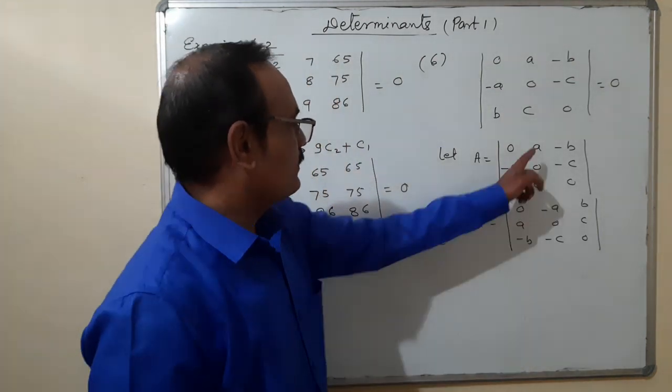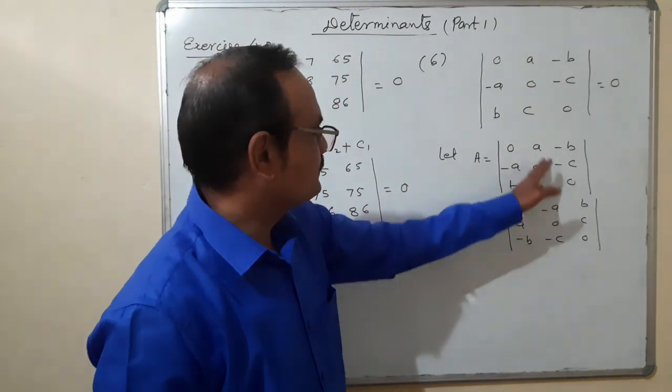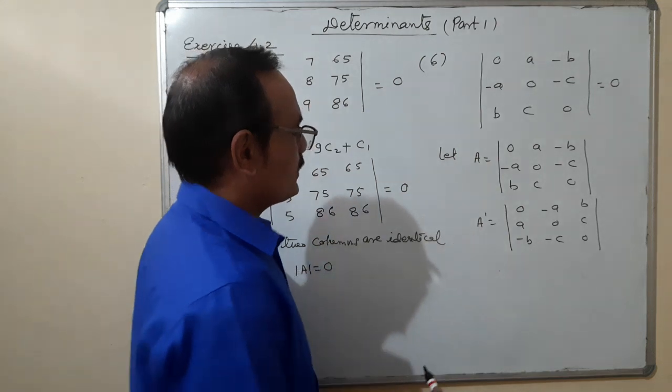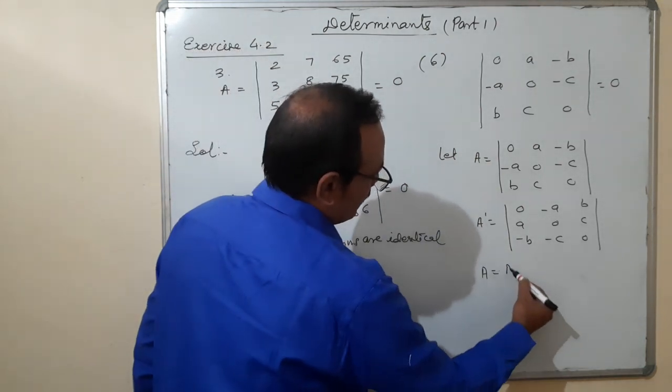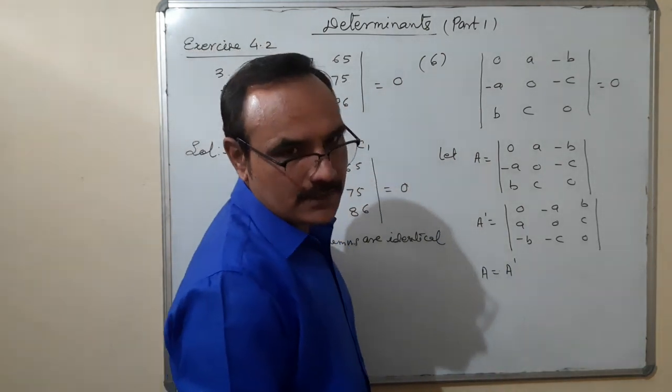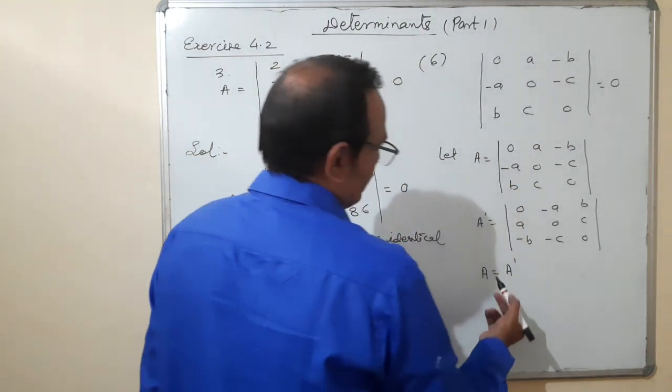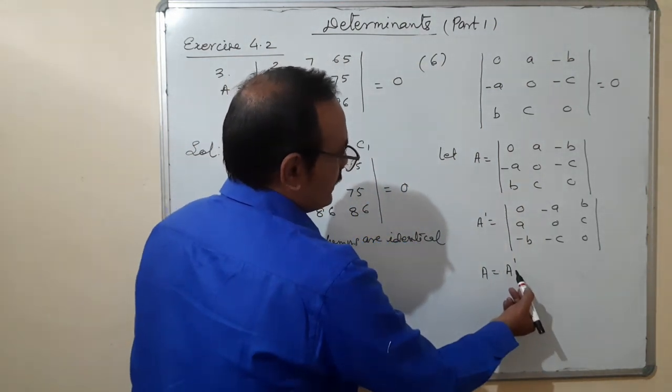If I convert all the rows into the columns, then there is no change in the value. A dash is the transposed determinant. Okay. Both the determinants are same. What does it mean? A is equal to A dash. They are same.